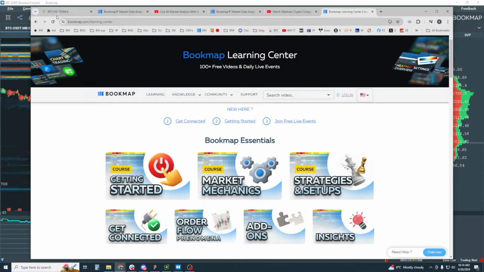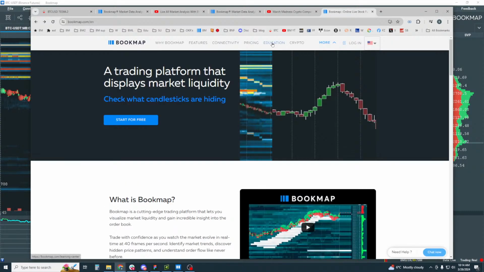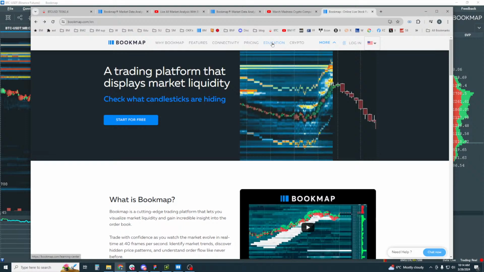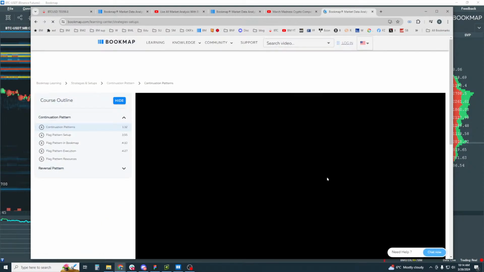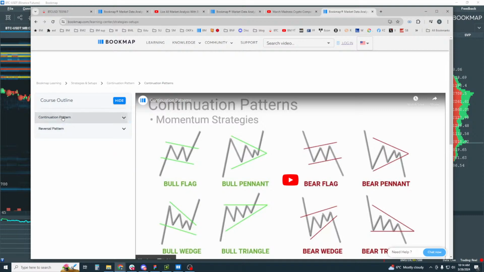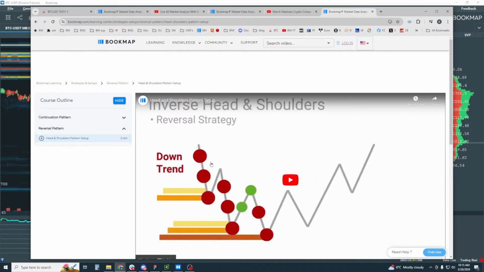Click on the Education link on the toolbar, and then go to Strategies and Setups. We have a continuation pattern and a new reversal pattern here. The reversal pattern is just in diagram form right now. We'll have the other video in a day or two.